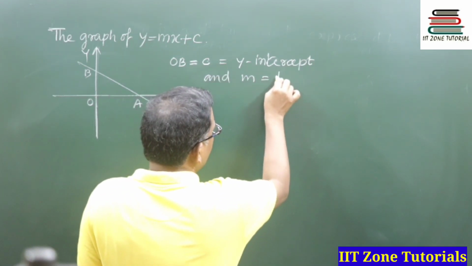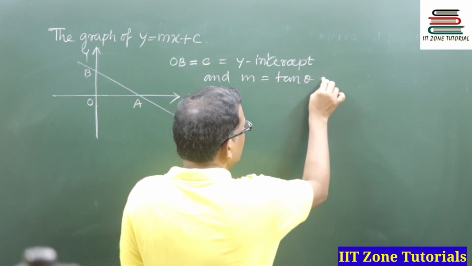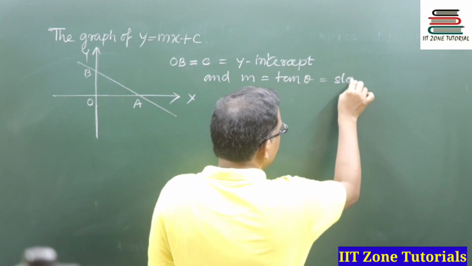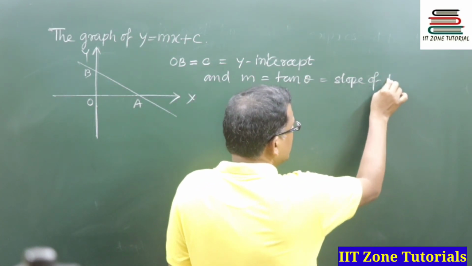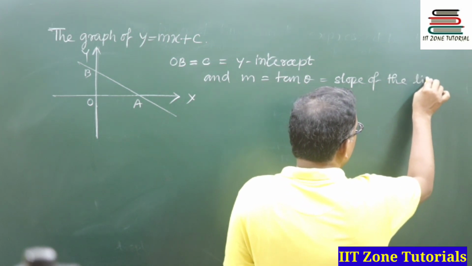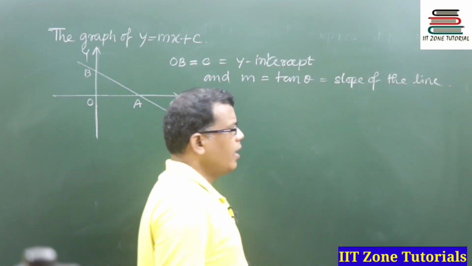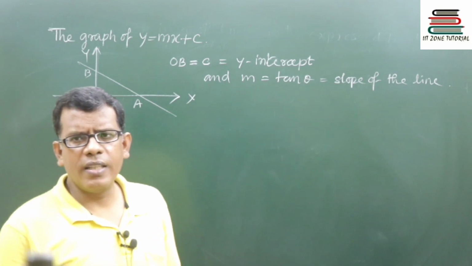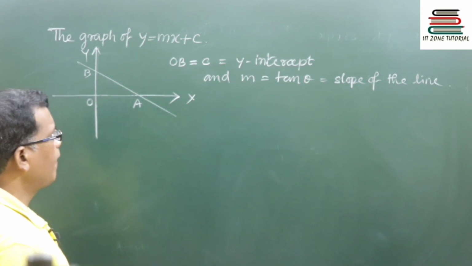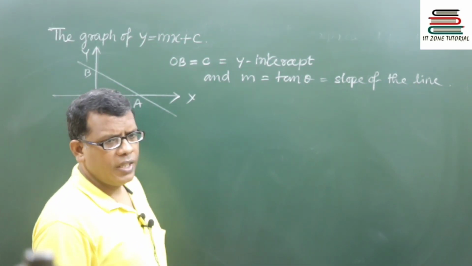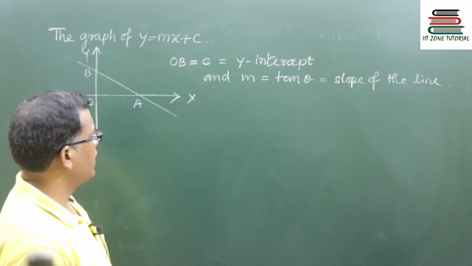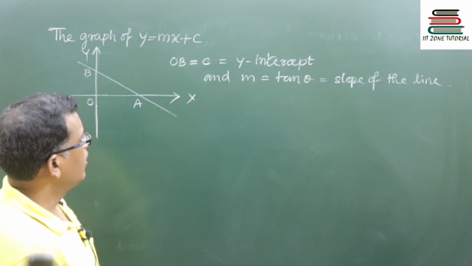And m must be equal to tan theta, as the slope of the line. m equals tan theta is the slope of the line, and c, that is OB, is the y intercept.